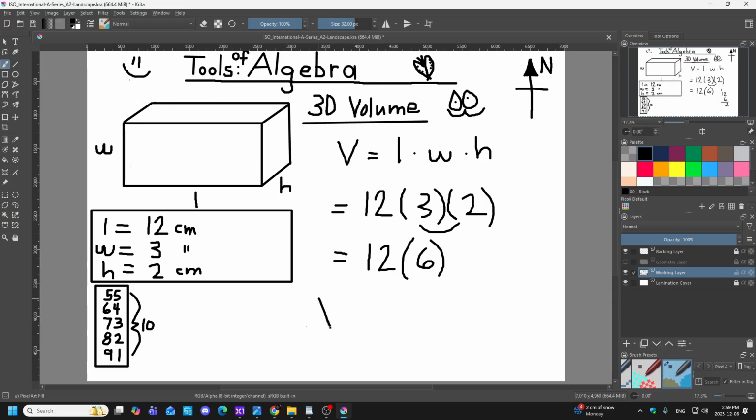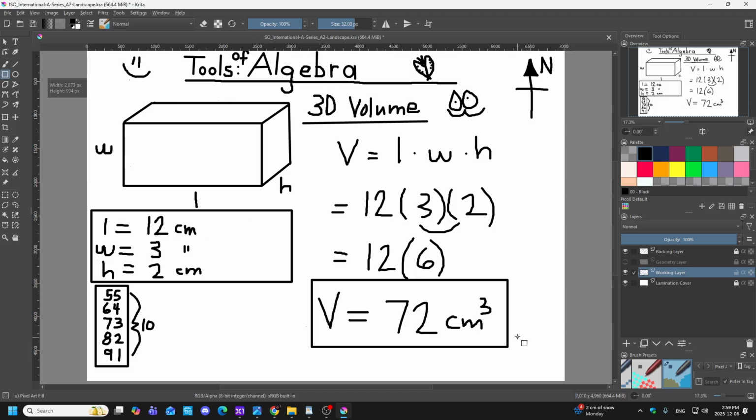Our volume is 72. Our units are centimeters. Again, it's volume and it's 3 dimensions. So it's centimeters cubed. Or cubic centimeters.